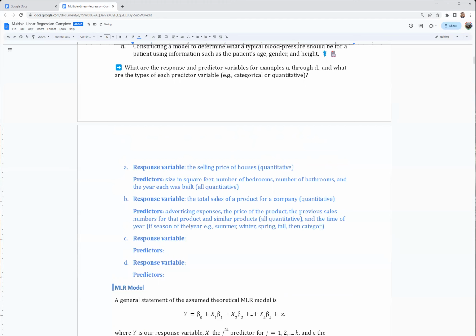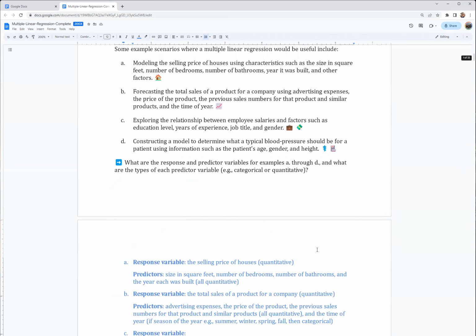Then it would be categorical for the time of year. If it's referring to the date, that would take a little bit more careful consideration about how to include that as a predictor. But here we'll just assume we're referring to the season of the year, in which case it would be a categorical predictor.